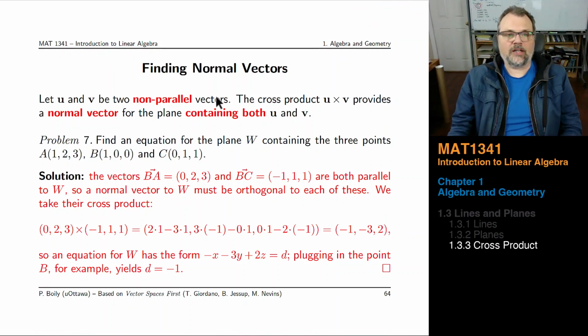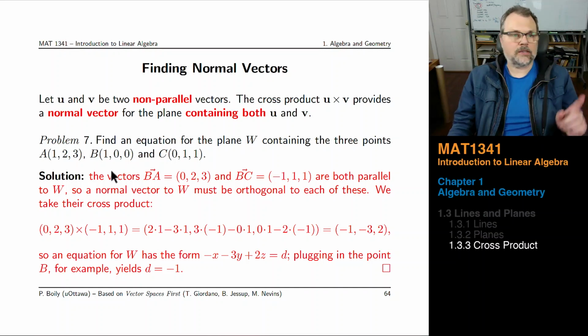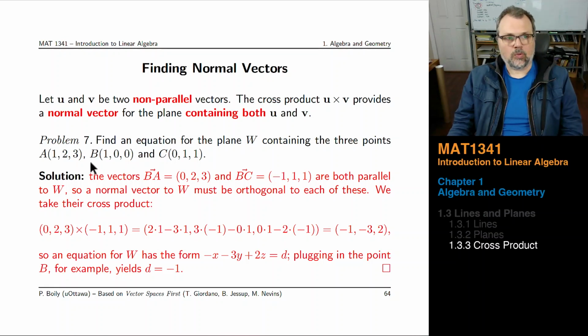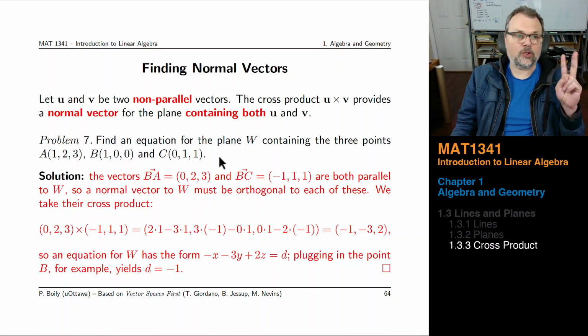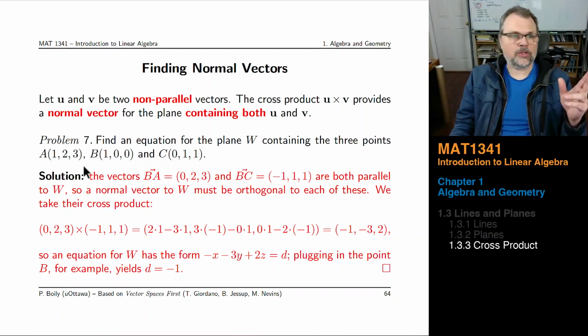So, can we find an equation for the plane that contains the three following points? 1, 2, 3, 1, 0, 0, and 0, 1, 1. It's easy for us to find two vectors, right? All we have to do is subtract B from A and C from B, say. We get the vector 0, 2, 3: 1 minus 1, 2 minus 0, 3 minus 0.